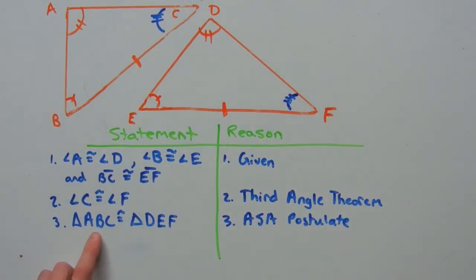Therefore, triangle ABC is congruent to triangle DEF. And that is what we needed to prove.